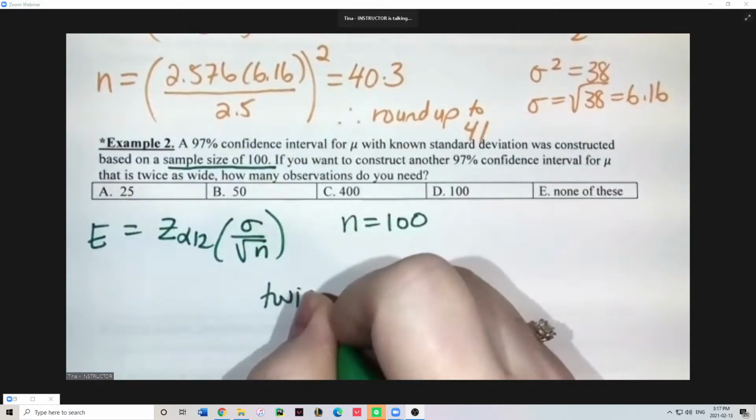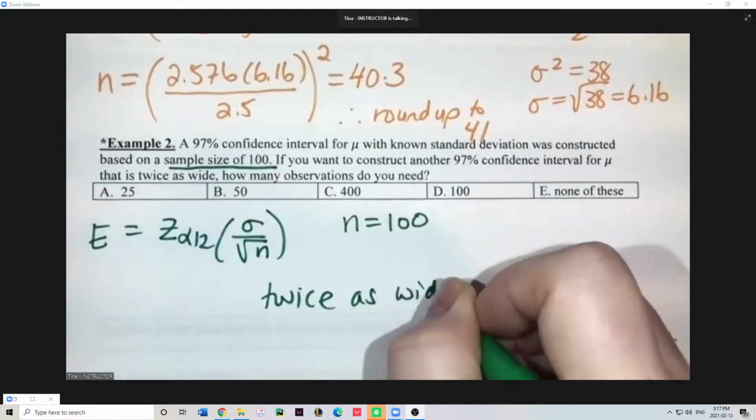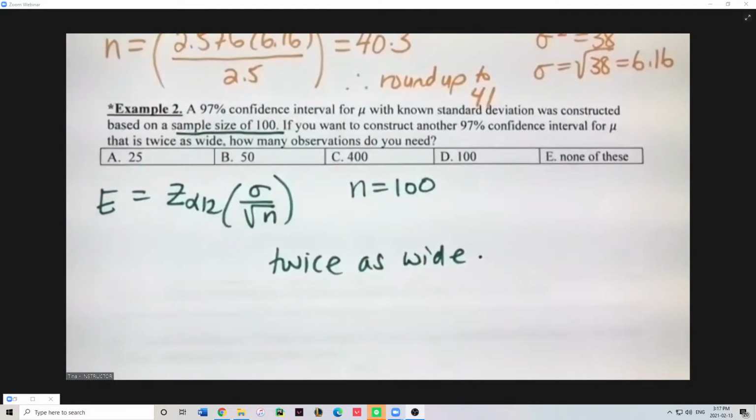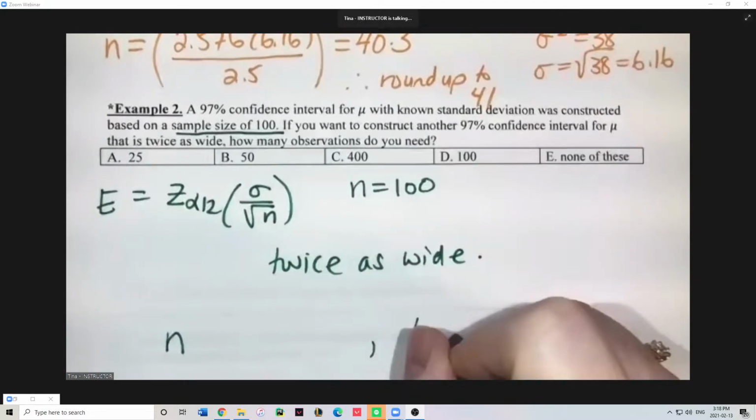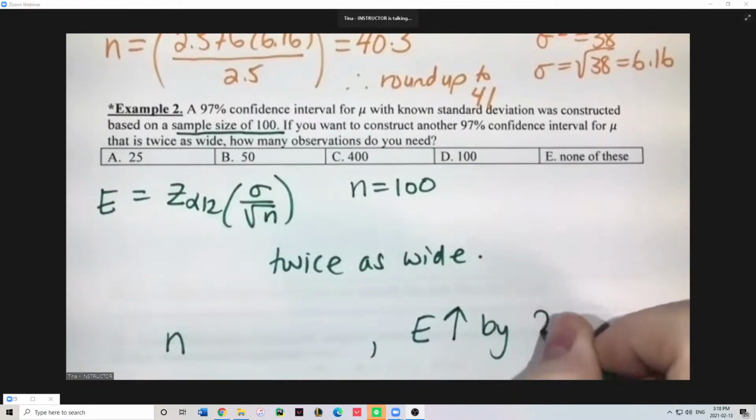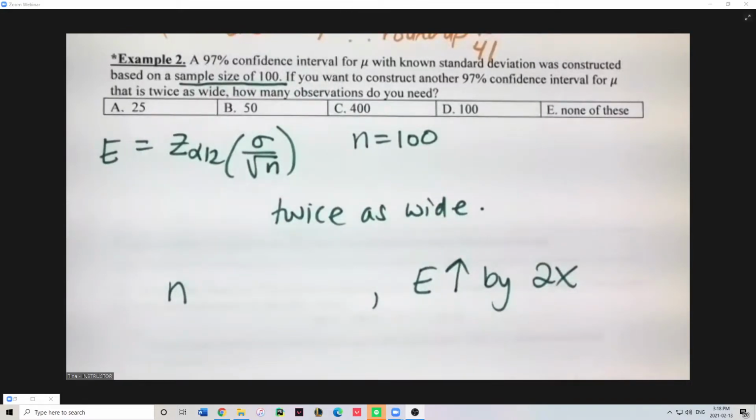So we want it to be twice as wide. So n does what so that the error goes up by 2 times? Think about what your n has to do so that your error goes up by 2 times.